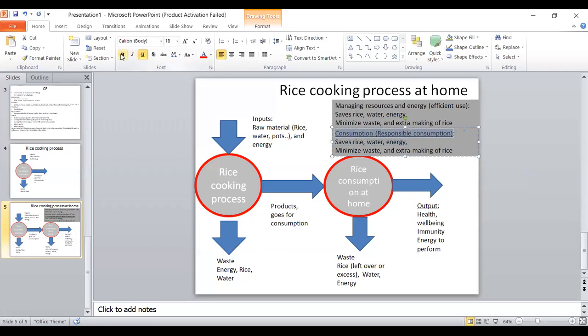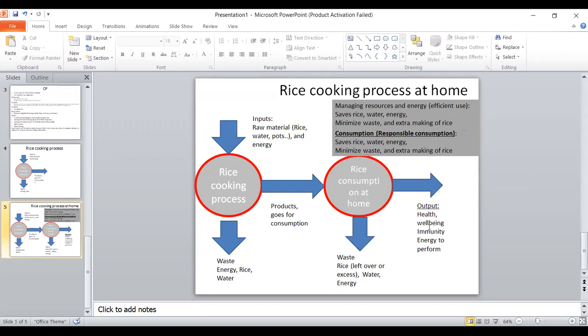Sometimes we take extra portions, which is okay, but when your consumption is irresponsible, you have health issues: obesity, rising sugar levels, early onset of non-communicable diseases like diabetes.